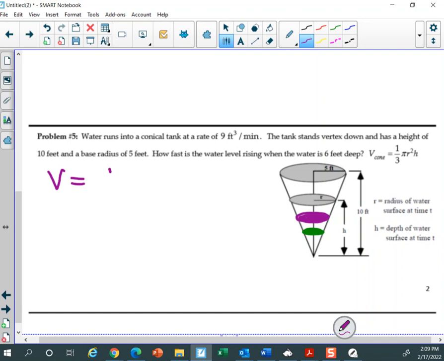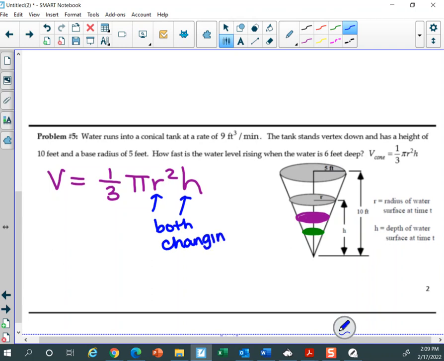So when I look at this formula and realize that both of these are changing, that ups the difficulty level.